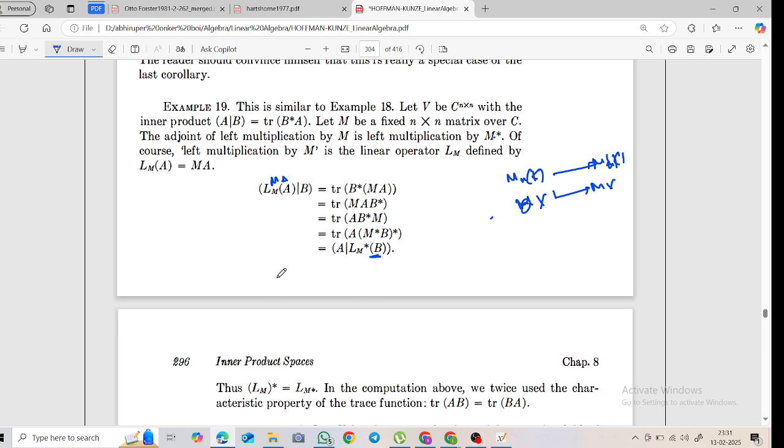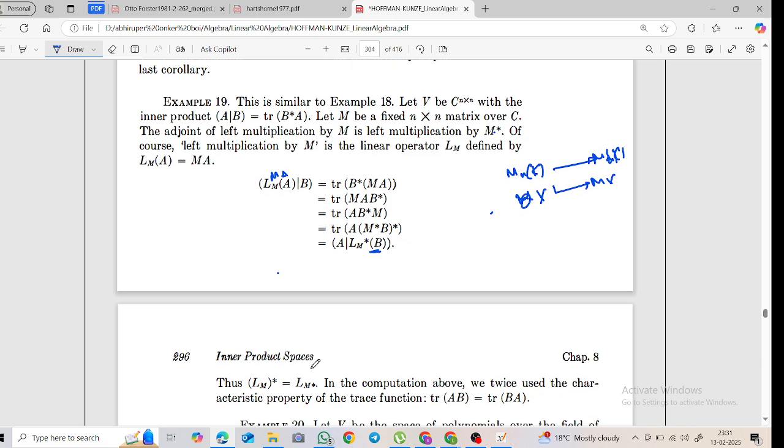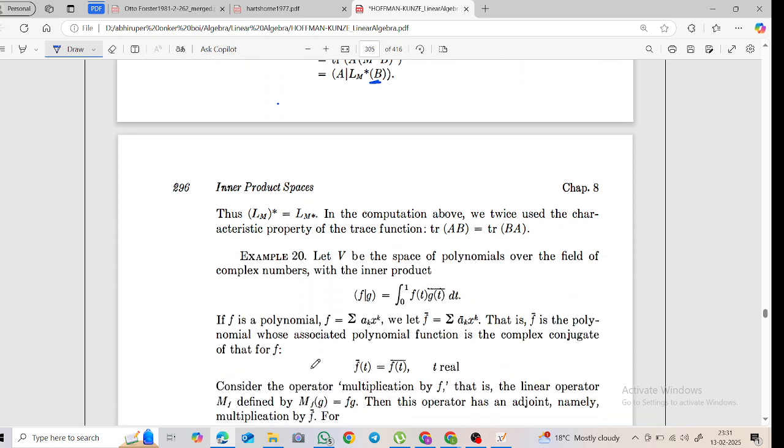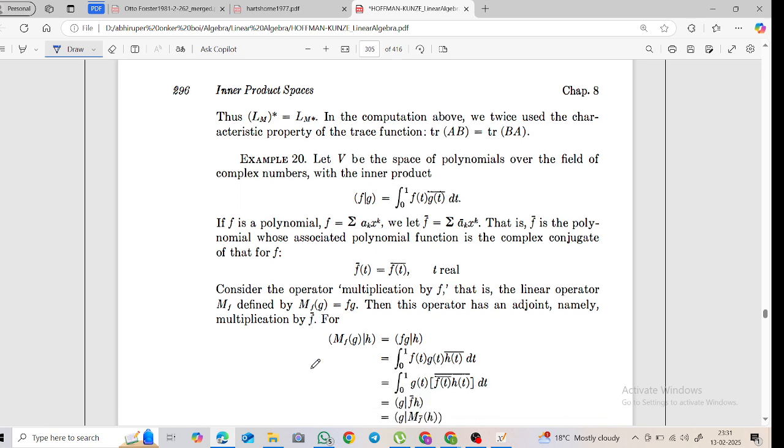Okay, so clearly you realize (L_M) star is basically nothing but L_(M star). Okay, (L_M) whole star is nothing but L_(M star). So these sort of nice results, I mean, things that should happen will happen.